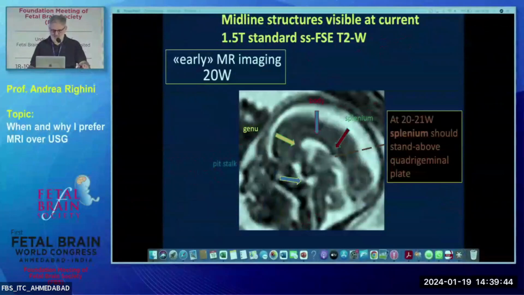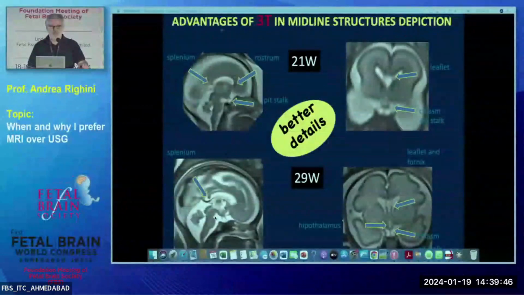But nowadays, using 3T, we get some better images. They are not a game changer, but they really can help in some way in the everyday job.